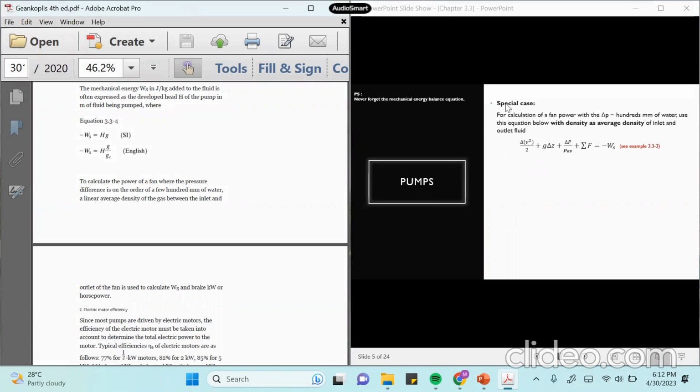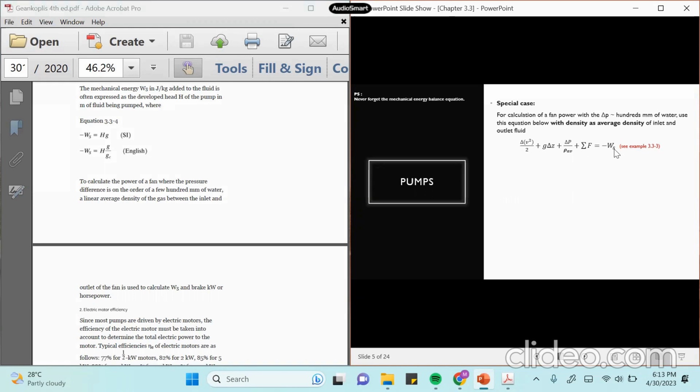This is a special case if we regard the fan as a mechanical device to move incompressible gases. So for calculation of fan power, with delta P less than 100 millimeters of water, you can use this equation below.